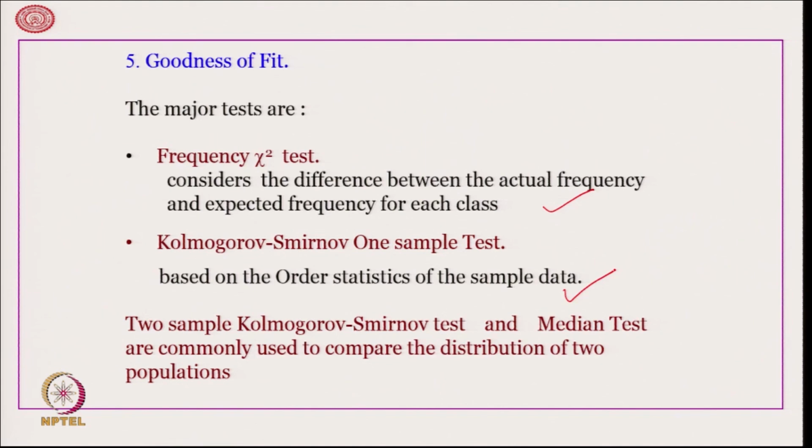A slightly more extended version is called the two sample Kolmogorov-Smirnov test, and there is also the median test, which are commonly used to compare the distributions of two different populations. We shall study them as an extension of the Kolmogorov-Smirnov one sample test.